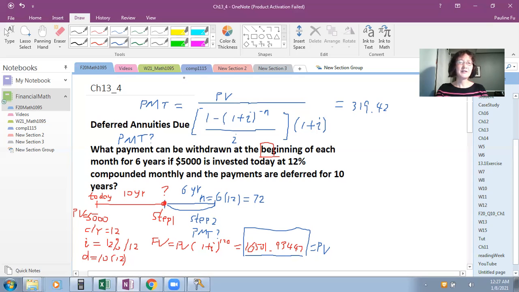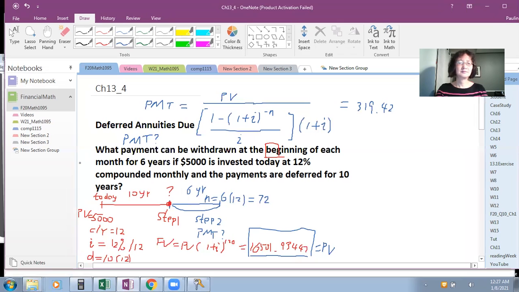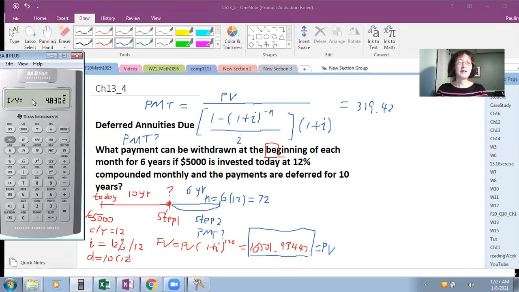So now calculator. And for calculator, we need to set up calculator to begin mode before we do anything else. So how do I set up begin mode?